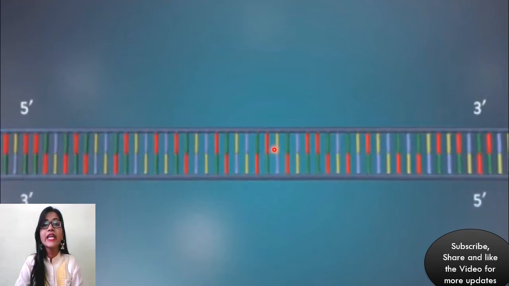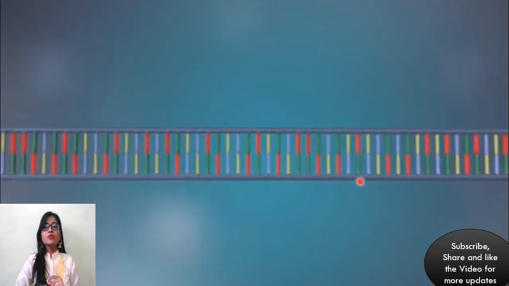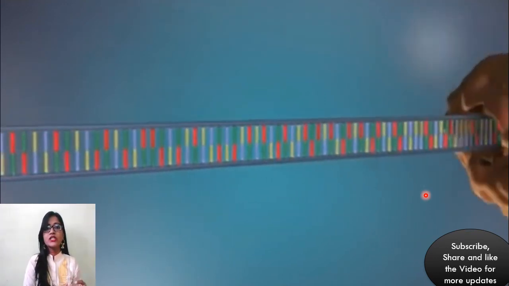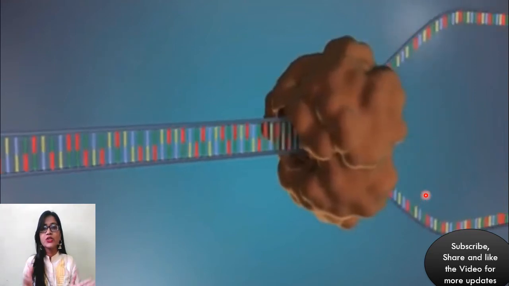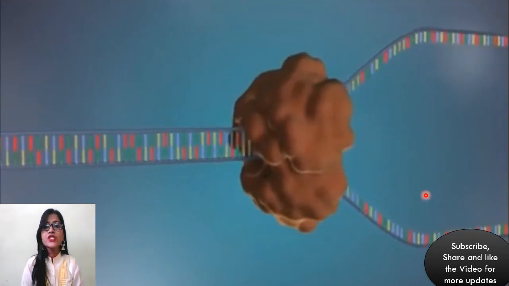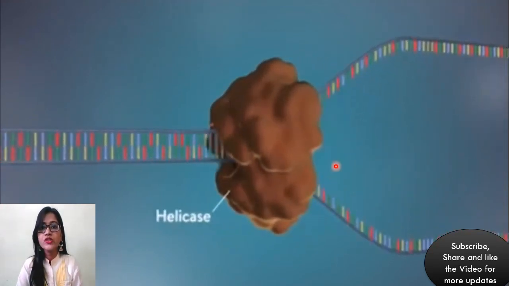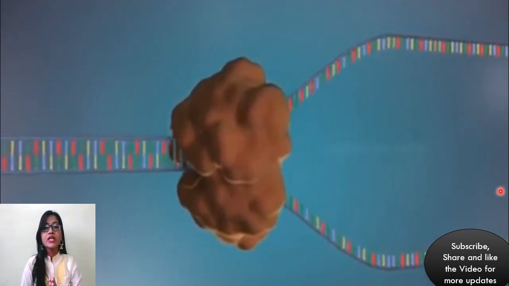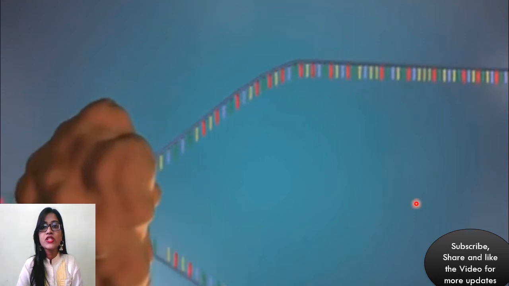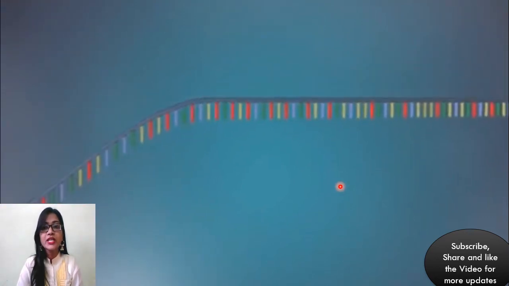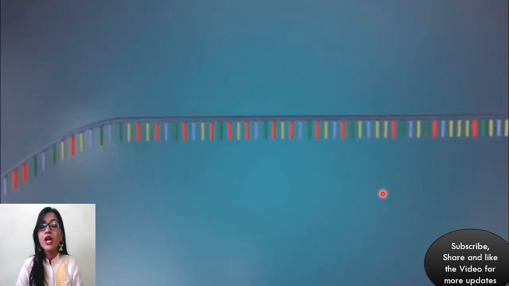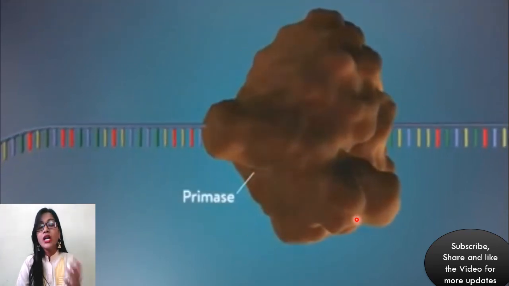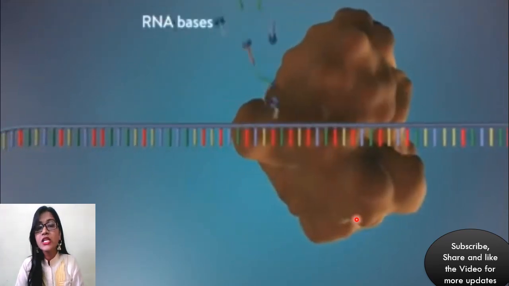This is the helicase enzyme. It forms a replication fork. Helicase moves forward, it unwinds, it separates the two DNA strands. Out of these two DNA strands, concentrate on one strand. Another enzyme, the primase enzyme, is attached at one point. It forms an RNA primer. The RNA primer is required for the attachment of another enzyme, that is DNA polymerase.